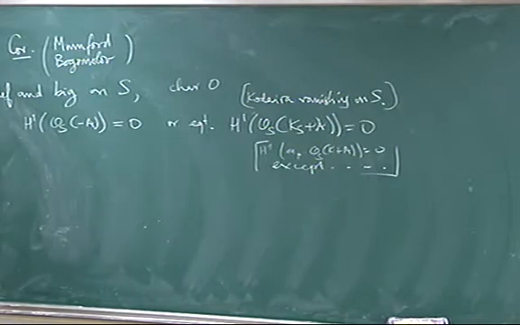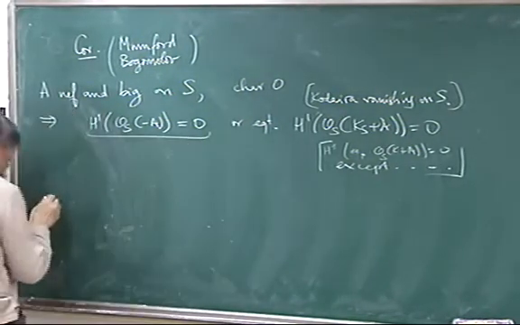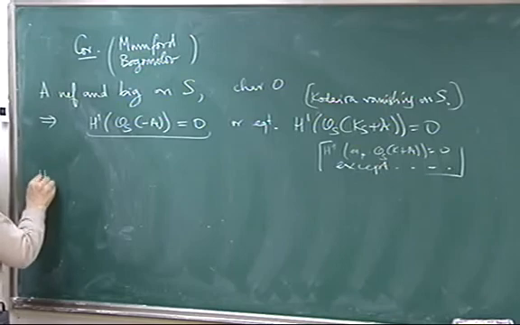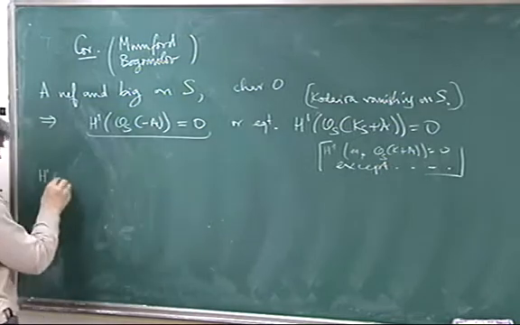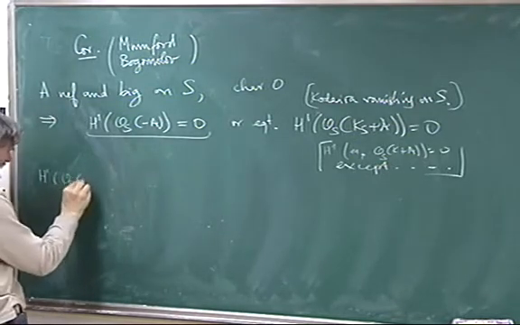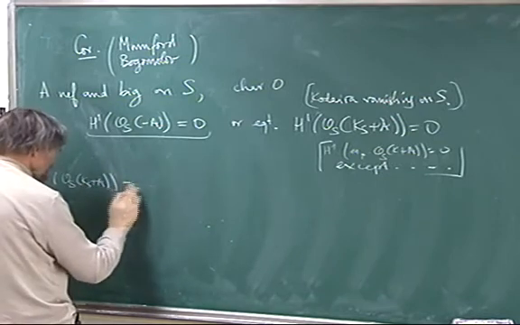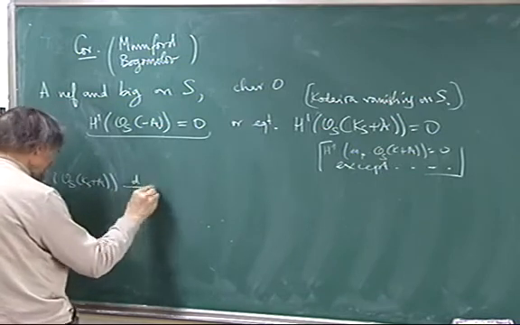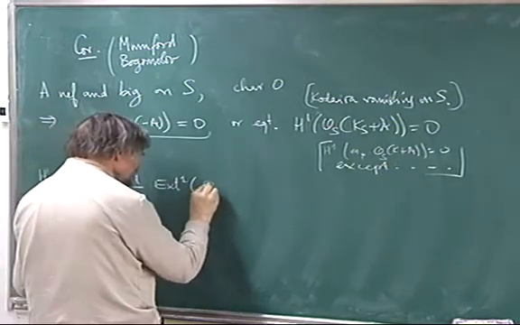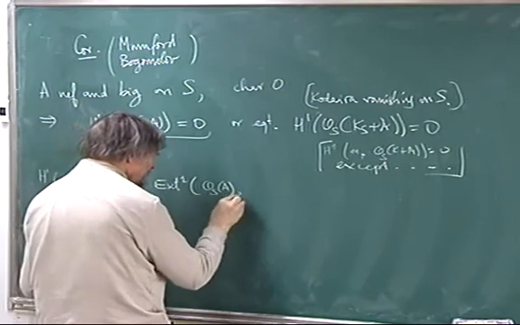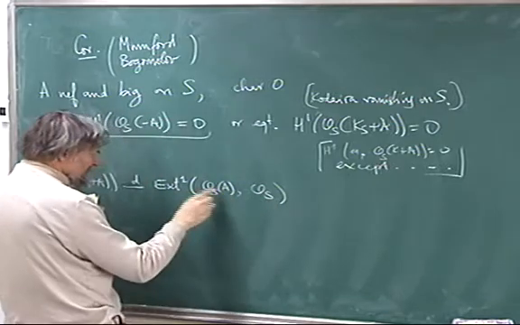Okay, so let's try and understand this. The first point is that H1 of KS plus A is dual to Ext1 of OS of A, OS.